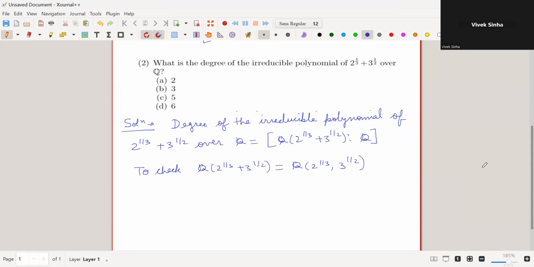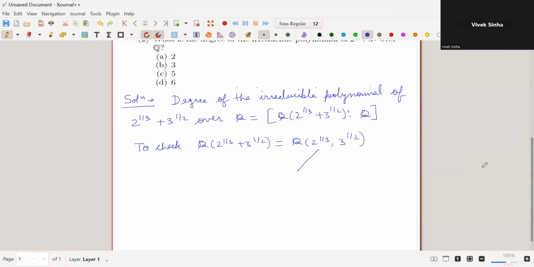We will do a similar question later on, and now we need to find its degree, right? So how to do that? This is a field extension of Q(2^(1/3)), which is a field extension of Q, and this is also a field extension of Q(3^(1/2)), which is also a field extension of Q.